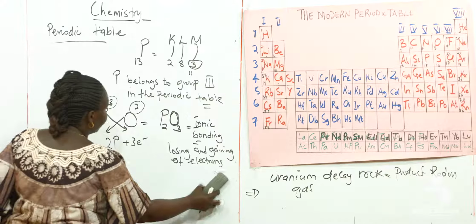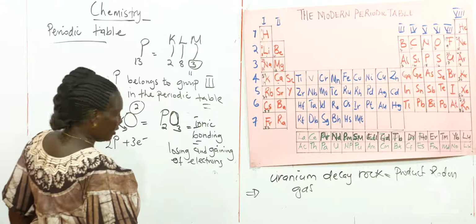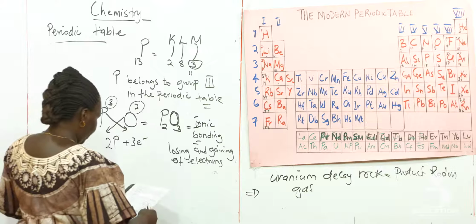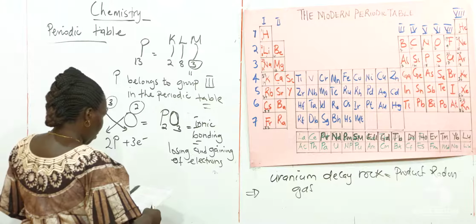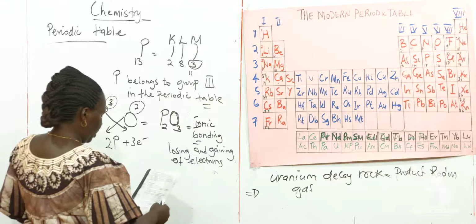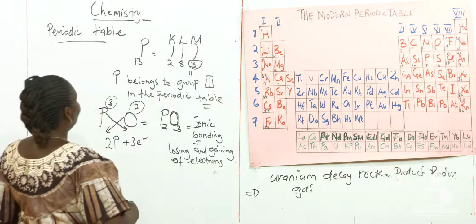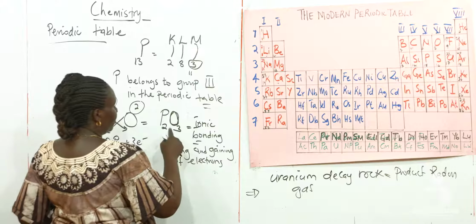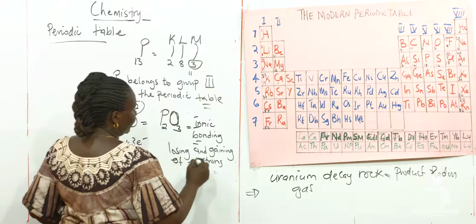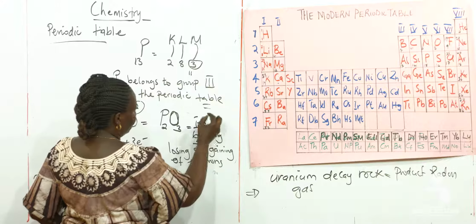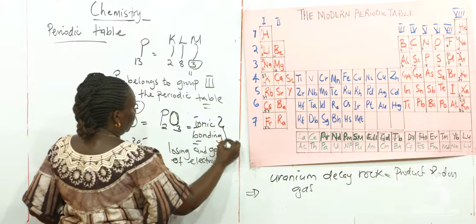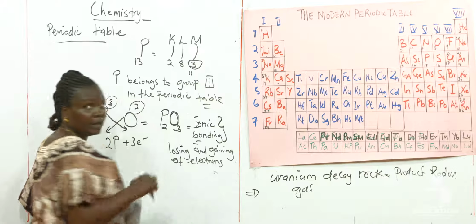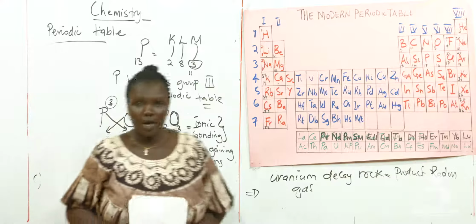So the type of bonding that will result in the oxide of P is ionic bonding, because it is formed as a result of losing and gaining of electrons.